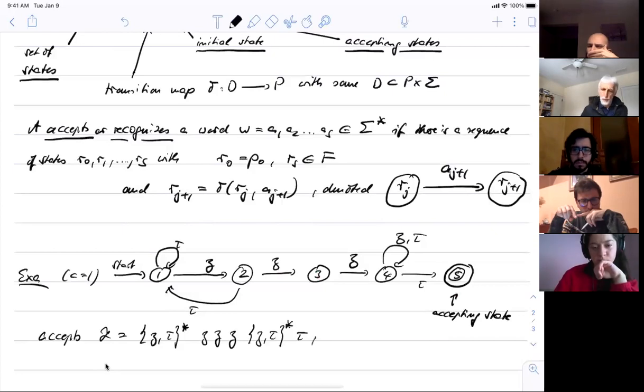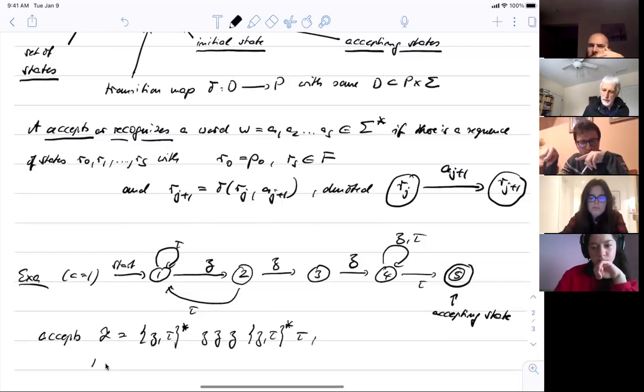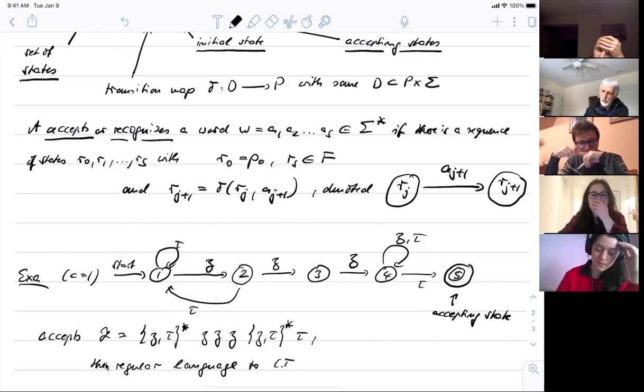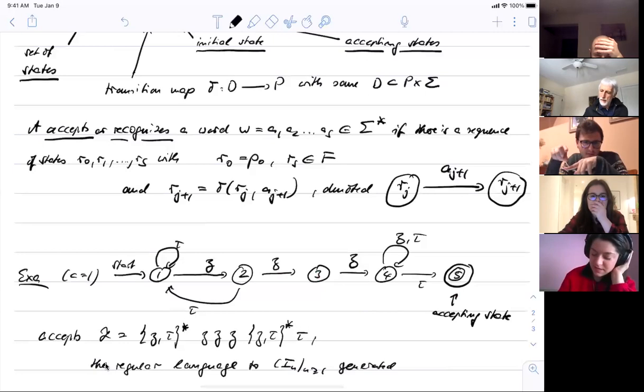Now, what's the connection to what we did previously? I claim, and again, I encourage you to check me on that as an exercise, this is the regular language corresponding to the sequence I_n and at least one generated by the ideal I_1, which is generated by the monomial x1 cubed.